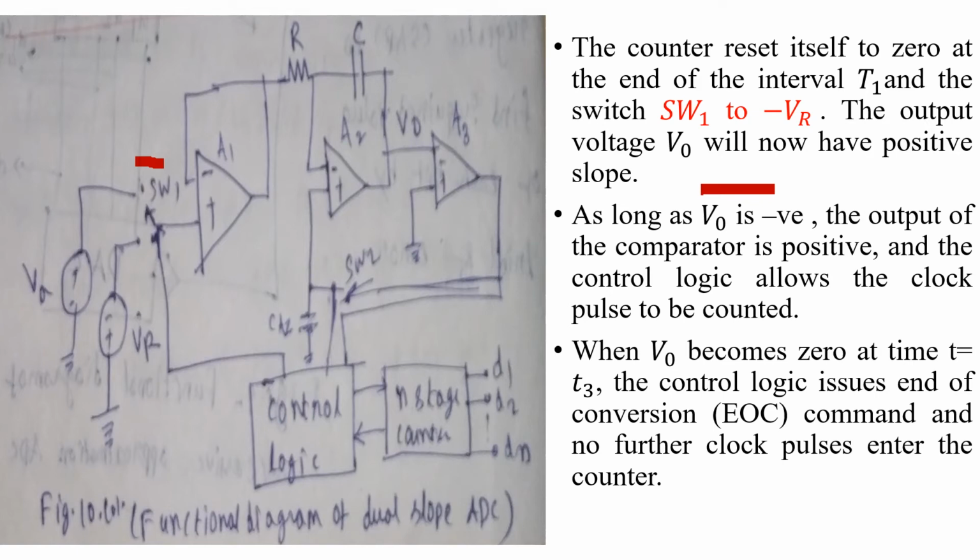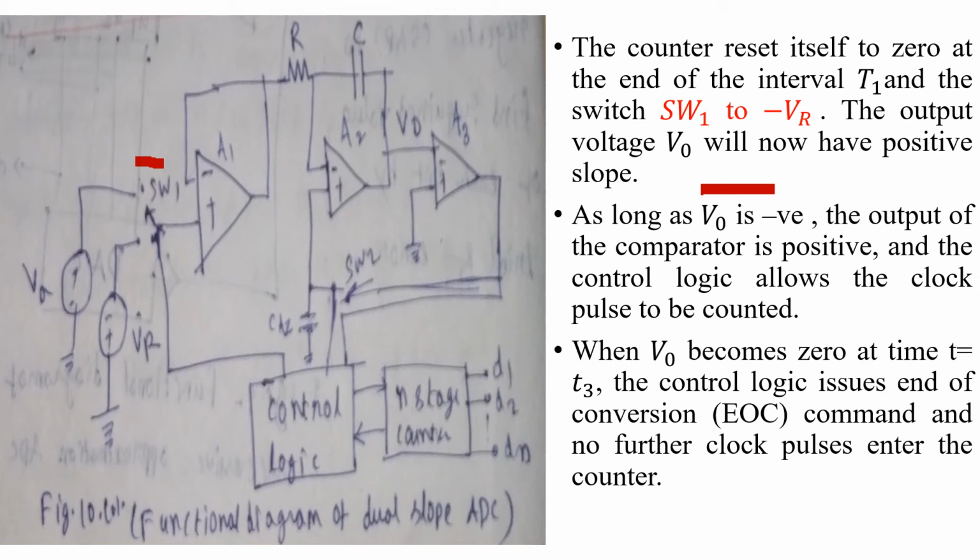When V0 becomes 0 at time t equal to T3, the comparator output changes, and this becomes the end of the conversion. The control logic issues the end of conversion. So this is the basic operation.